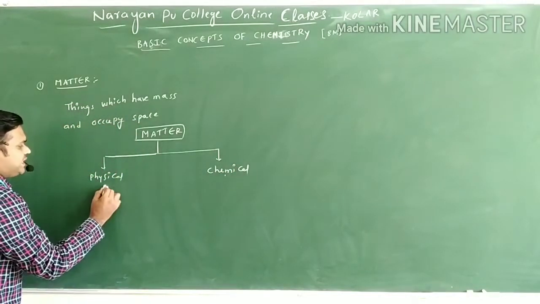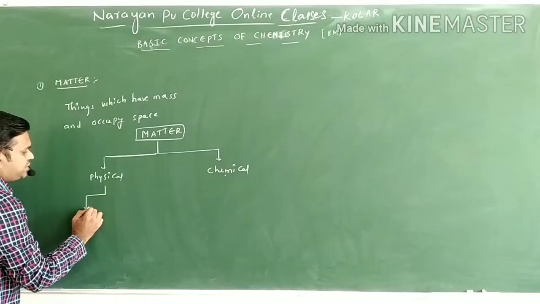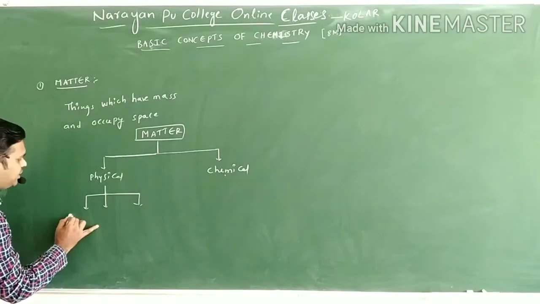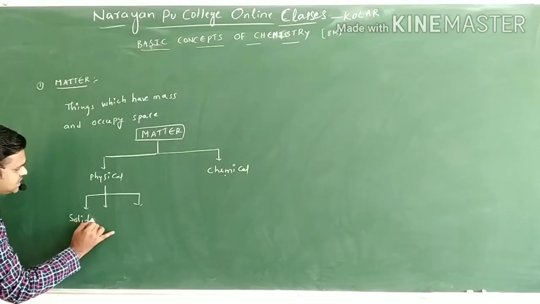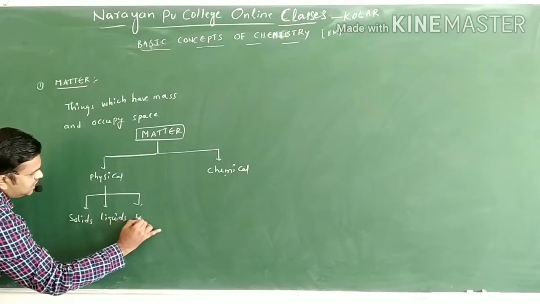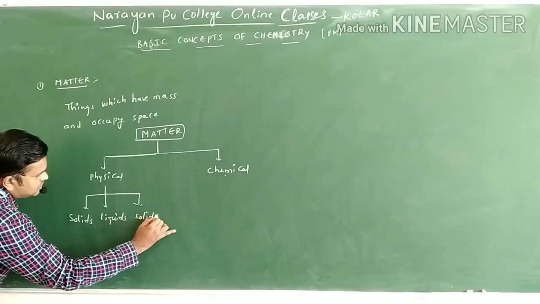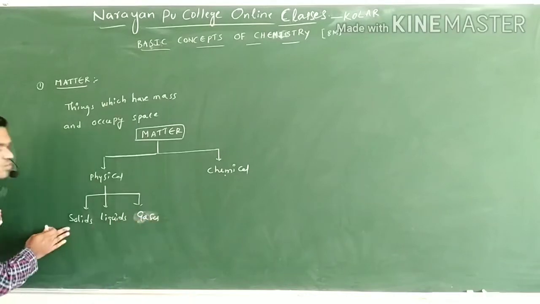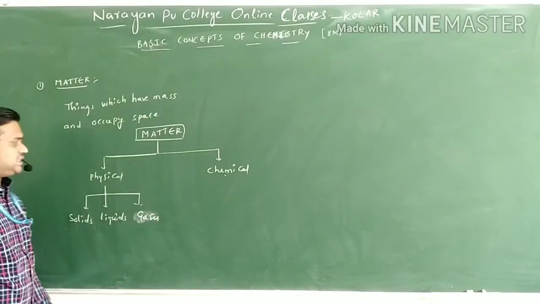In physical properties, matter can be classified into three different categories: solids, liquids and gases. Clear? Solids, liquids and gases.